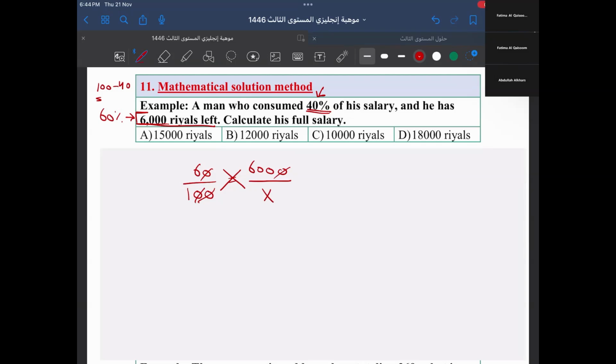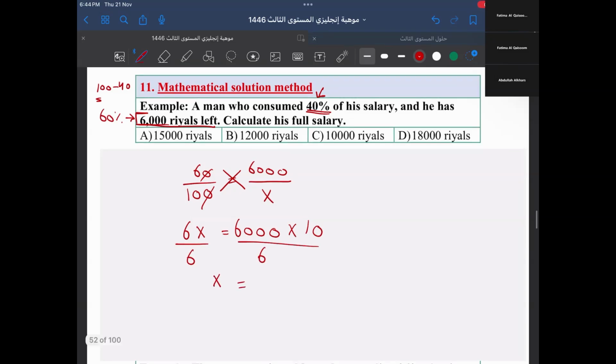So 6 times x equals 6,000 times 10. Divide by 6, divide by 6. We're going to have 60,000 over 6, which is 10,000. So the answer here will be 10,000.